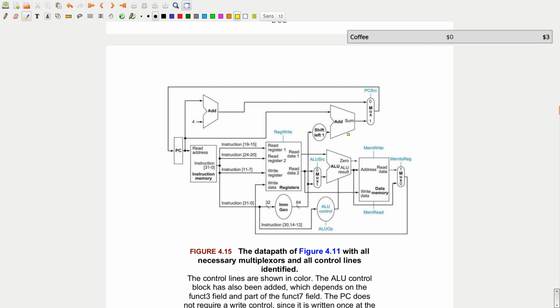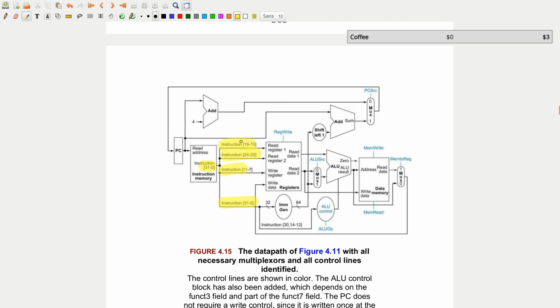So now we take some 32-bit instruction, and we break down where each part goes. We're going to give the entire 32-bit instruction to the control. That way it can calculate whatever the ALU operation should be.